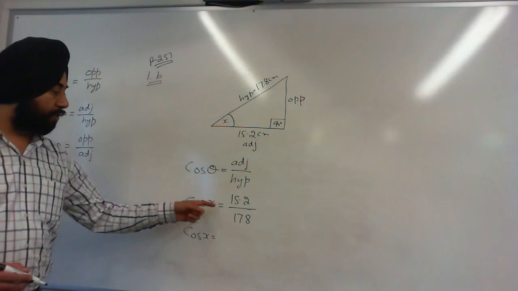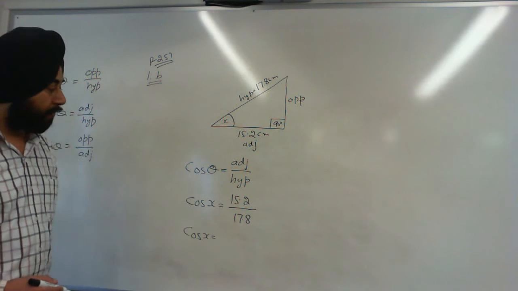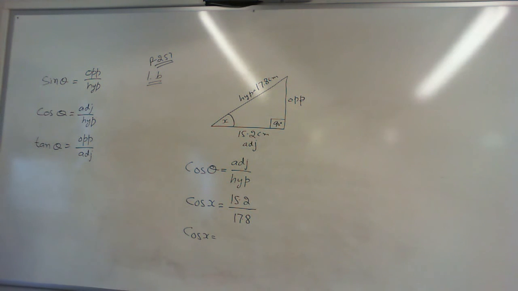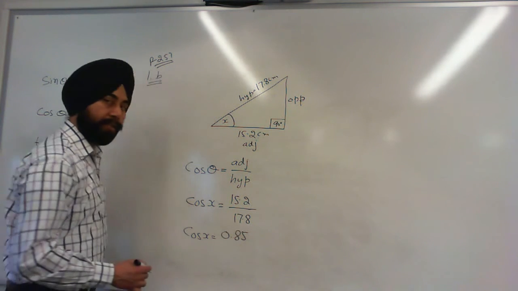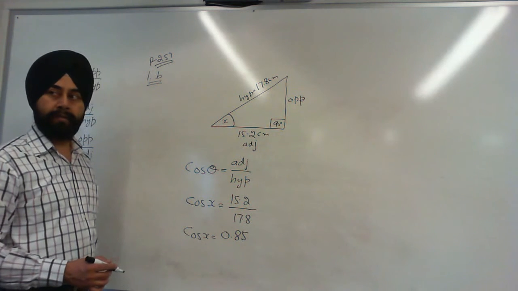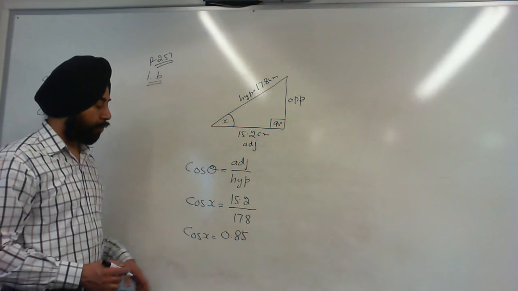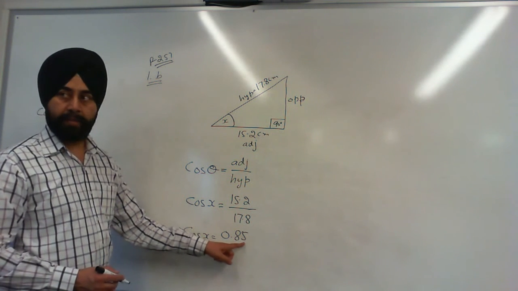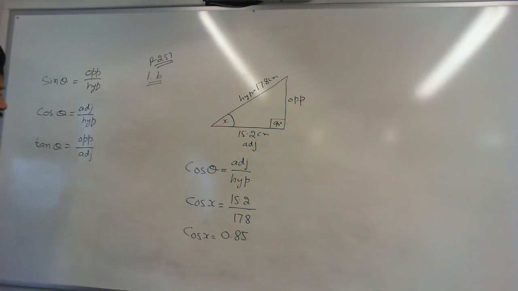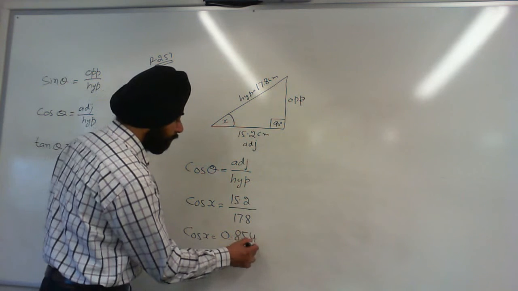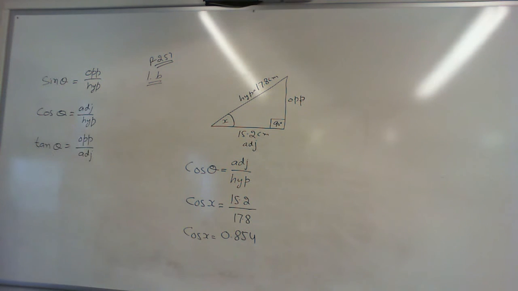No, I'm just talking about this division. 15.2 over 17.8 is 0.85. What comes after 5? 3? Yeah, 0.853, then we can leave it as 0.85. Or maybe you can write it as 0.854, because after 3 you have 9, so you can write it as 0.854.